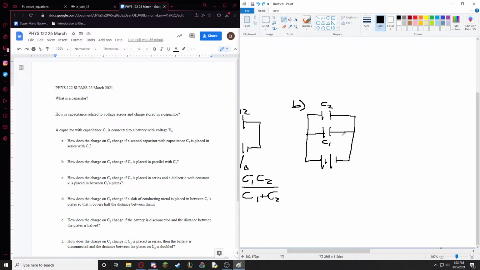If we know the voltage drop across each, how do we get the charge? We can do charge equals capacitance times, or C12 times the voltage. Do we have to take into account the total net capacitance here?